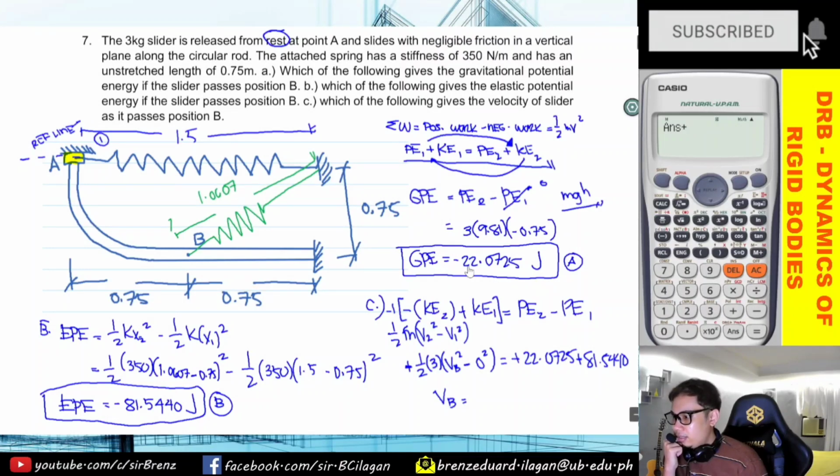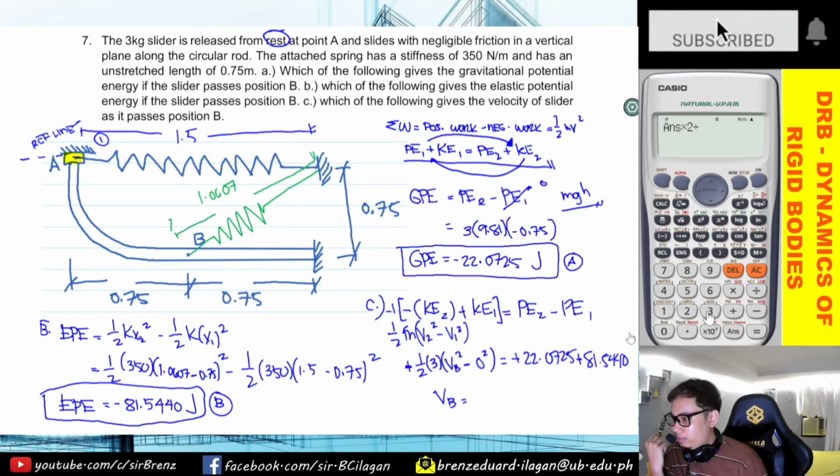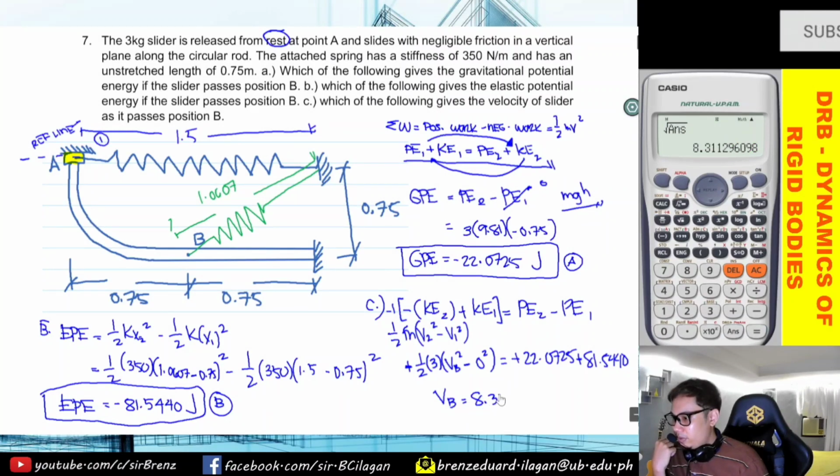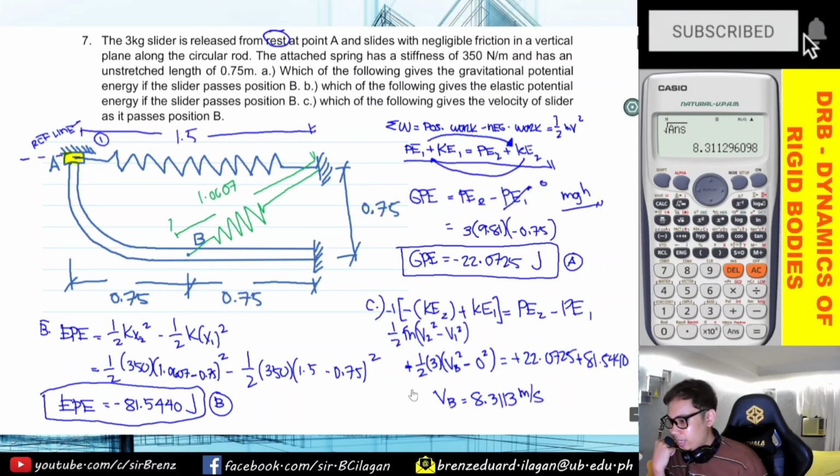So plus 22.0725, and then times 2, and then divided by 3, and then square root of the answer. So the velocity there is 8.3113 meter per second. Ayan. So that is the answer for letter C.